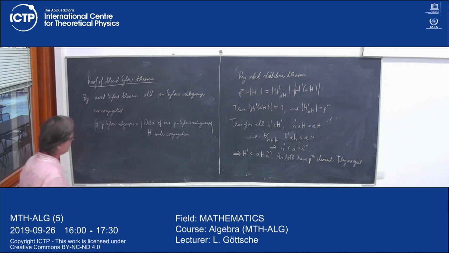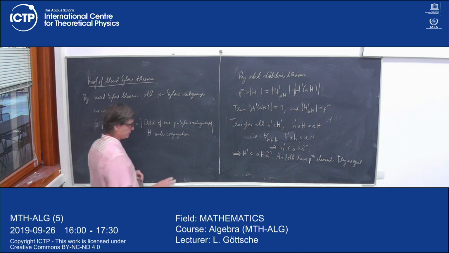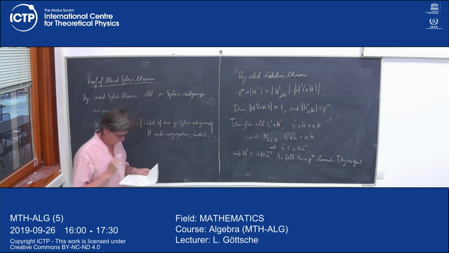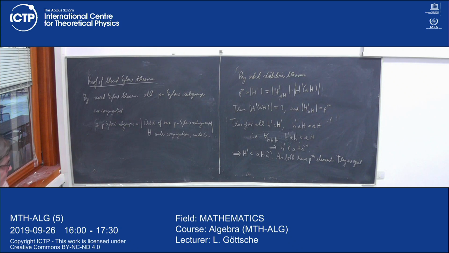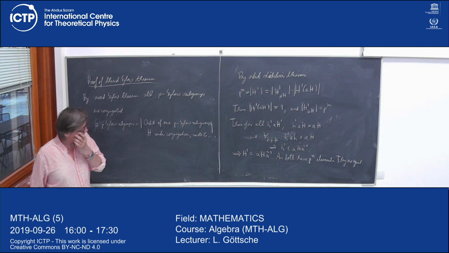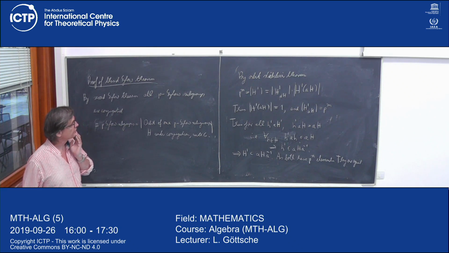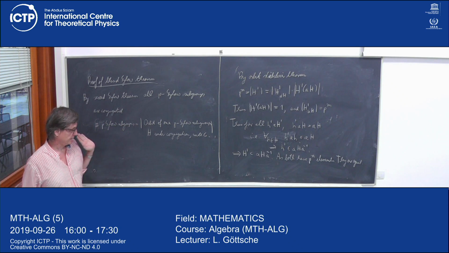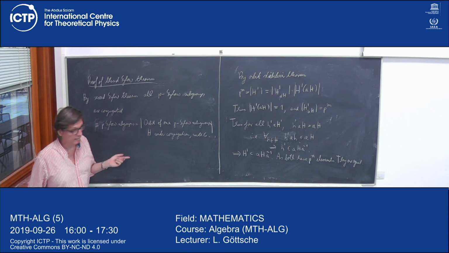So now, by the orbit under conjugation with elements in G. Now, by the orbit stabilizer theorem, we have that the number of elements in the orbit is equal to the index of the stabilizer in the group.